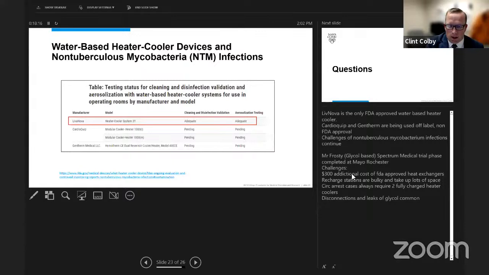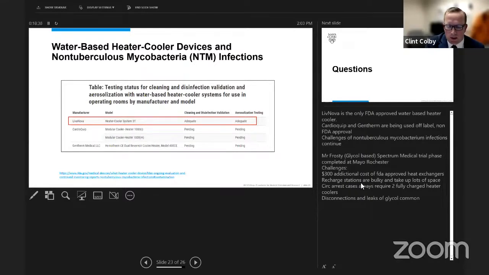When they came, we didn't realize that the only FDA heat exchangers approved to run on the Mr. Frosties with the glycol are their heat exchangers. So you actually have to cut in their separate heat exchanger for the Mr. Frosty, which is an additional $300 cost.